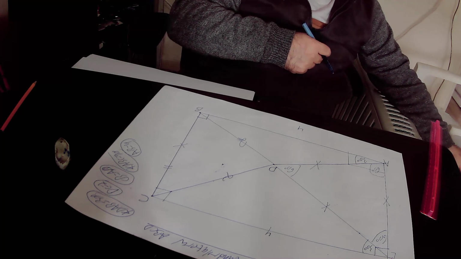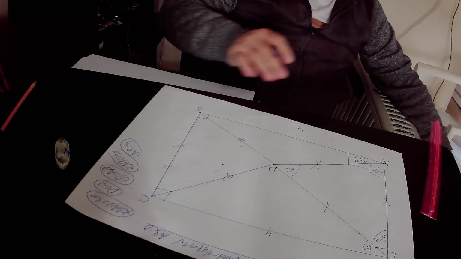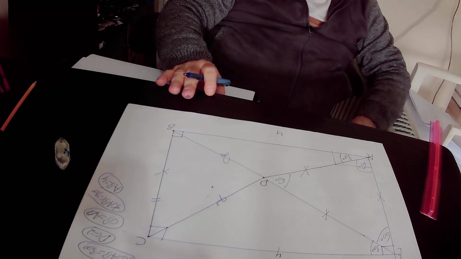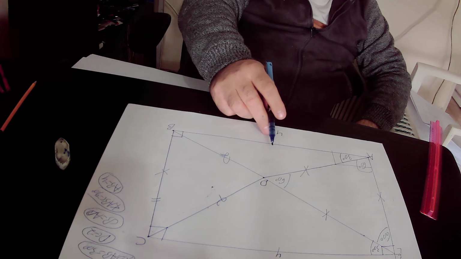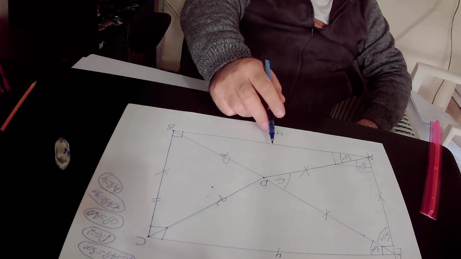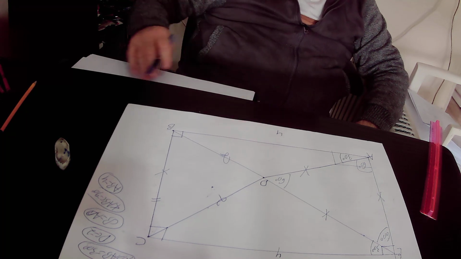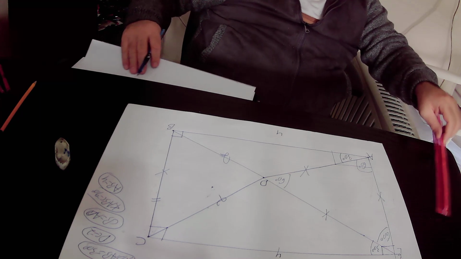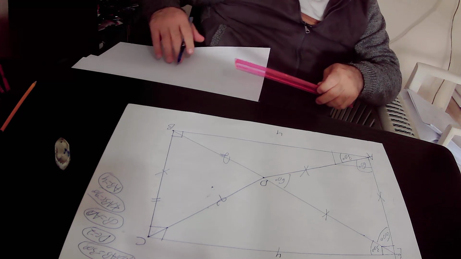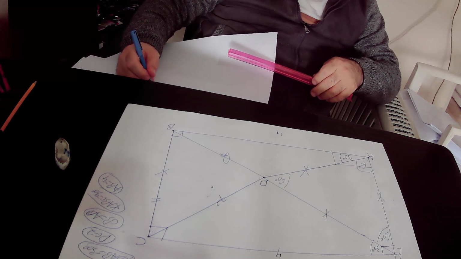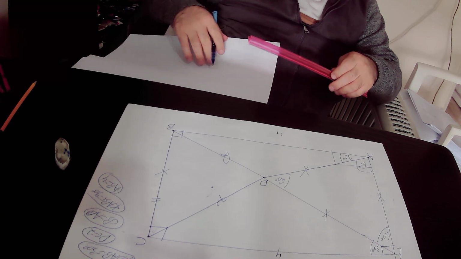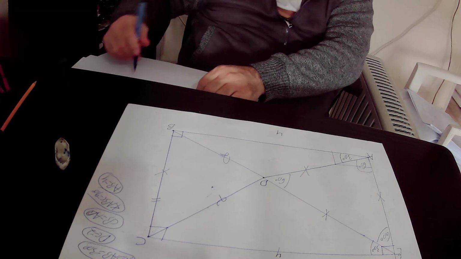In the next step, we will implement the law of cosines on this triangle, triangle ADB. So I will copy this triangle in a new page and we will implement the law of cosines in this triangle, triangle ADB.